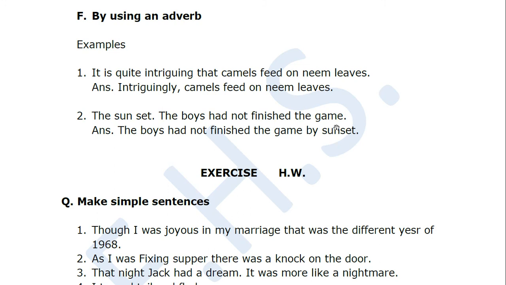So this is an adverb, because it's telling you when the boys finished the game. By sunset, by morning, by evening, by afternoon. See, this is a separate word, this is a separate word. This is the action, this is the object. Whereas this is one full word telling you the time of the day.